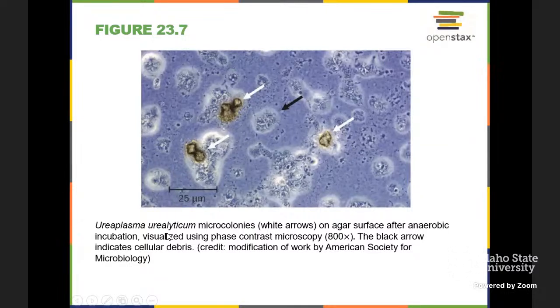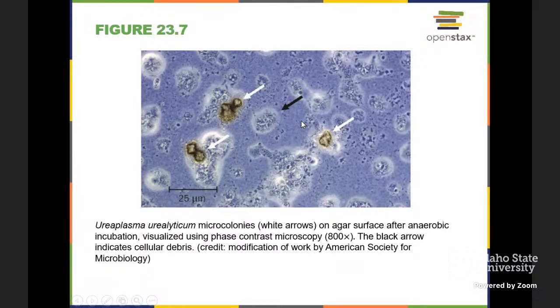This one, I'm not sure if our Ureaplasma was the organism on that plate that we started off with or not. Maybe, but I also feel like that was a little bit different and it looked more like it had been cultivated aerobically than anaerobically. These are anaerobic and it's been cultivated under those conditions. And what we're seeing here are the Ureaplasma, the arrows pointing at them.